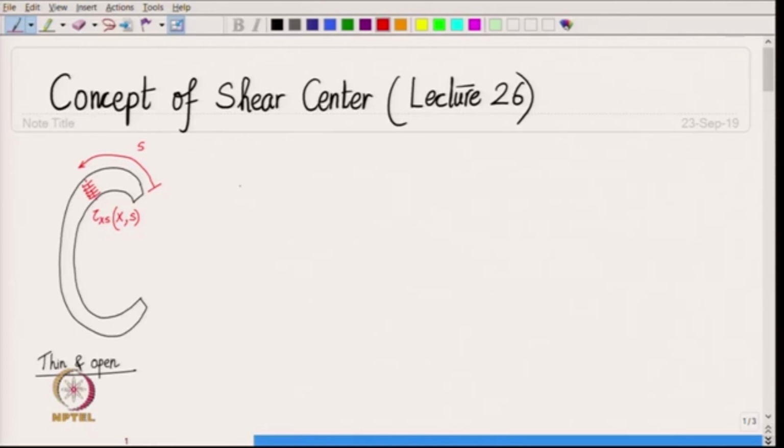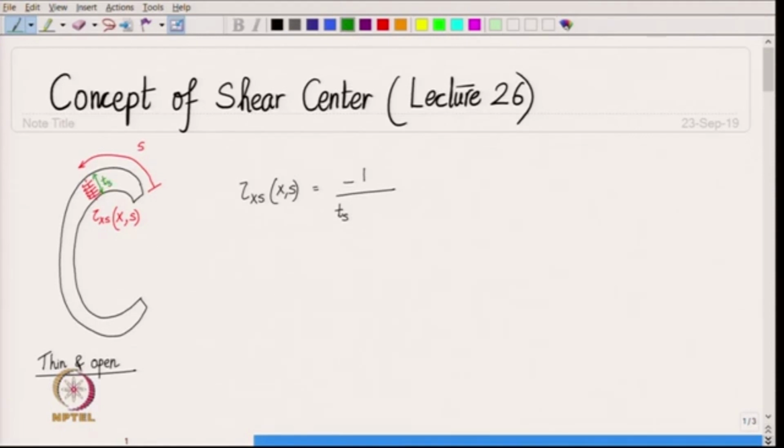And we had found out the formula was as follows. So, this is minus 1 by thickness T s, the thickness at arc length S, which is this quantity right here.